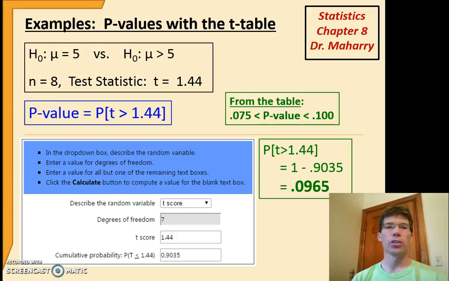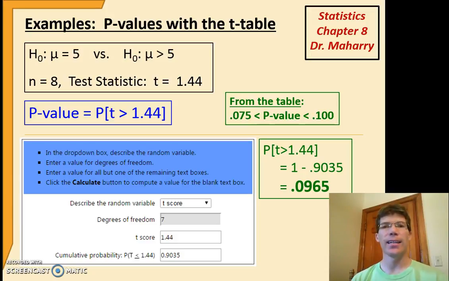Now remember, just like the standard normal table, StatTrek's a cumulative table. So it gives you lower tail areas. So the probability that t is less than 1.44 is 0.9035. So if I want greater than 1.44, I go 1 minus that. So here my p-value would be 0.0965.